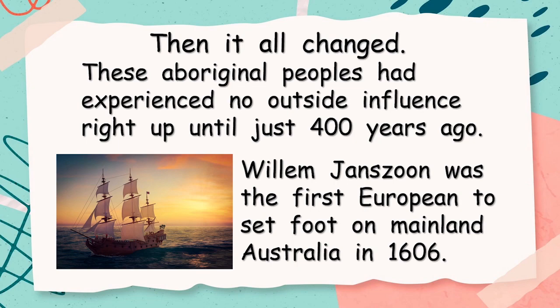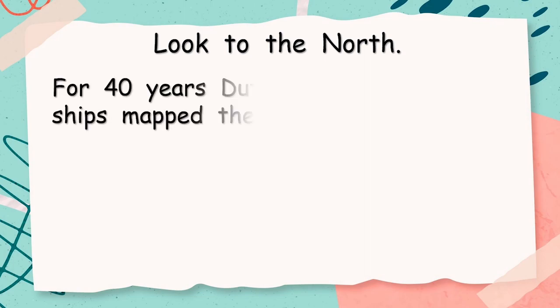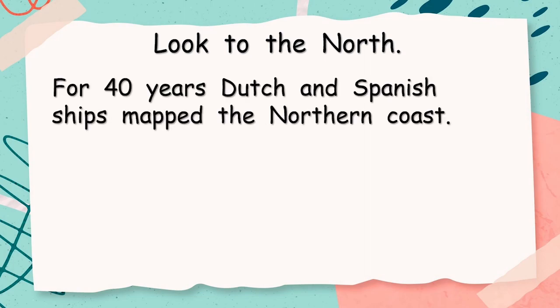Wilhelm Janszoon was the first European to set foot on mainland Australia in 1606. The north, that's where he went. For 40 years, Dutch and Spanish ships mapped the northern coast.